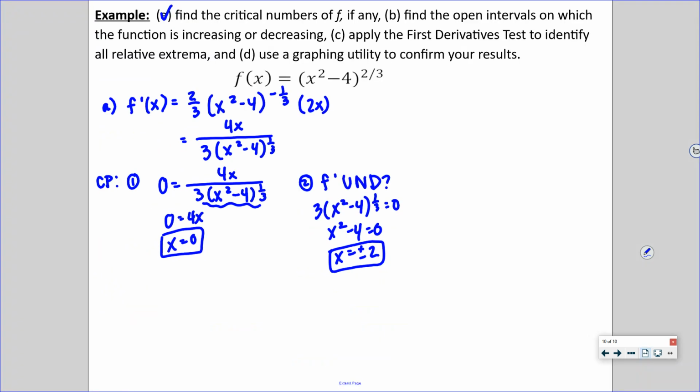B, find the open intervals on which the function is increasing or decreasing. So for this, I gotta create a sign chart. So I'll do that over here like I usually do. So we have 3 critical points.